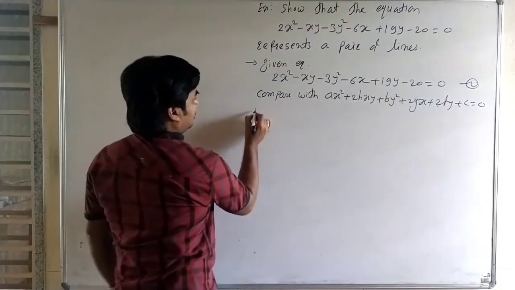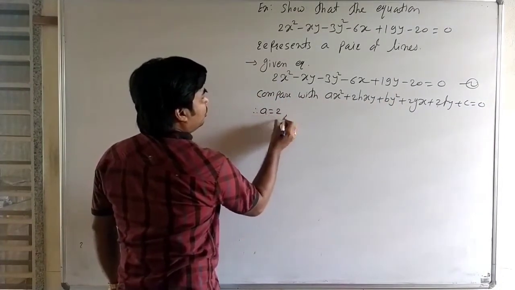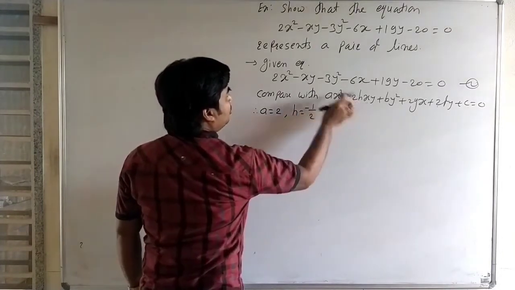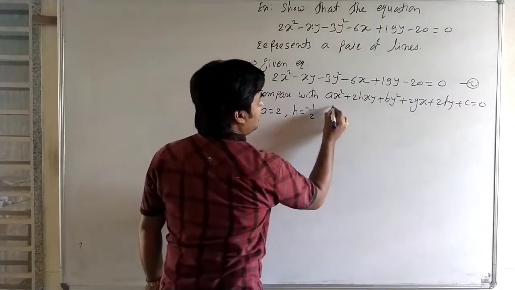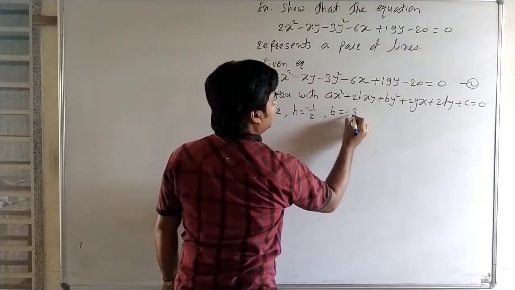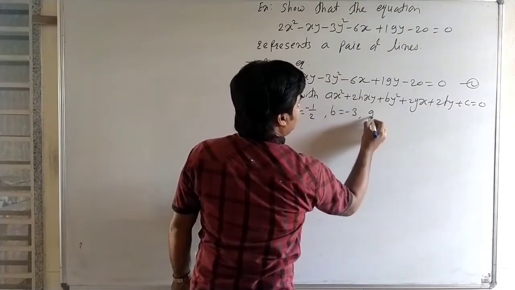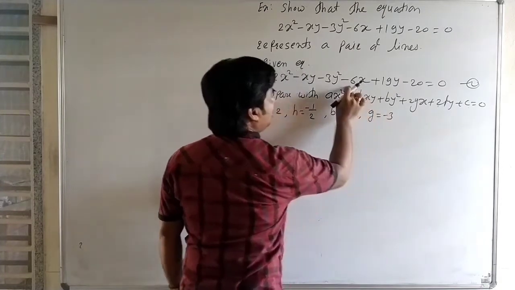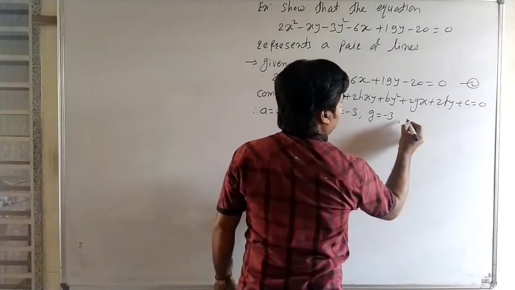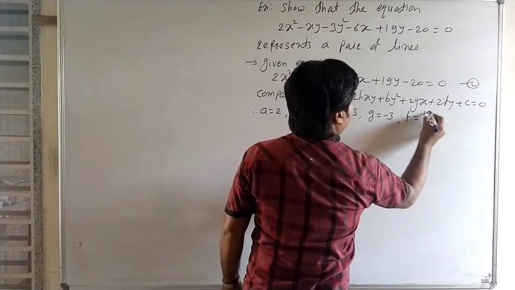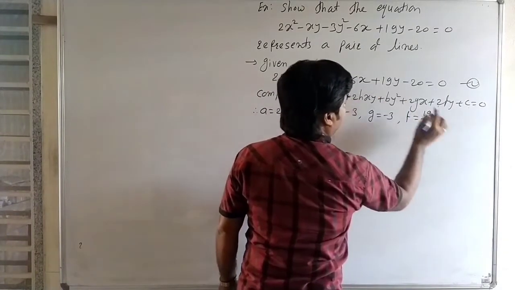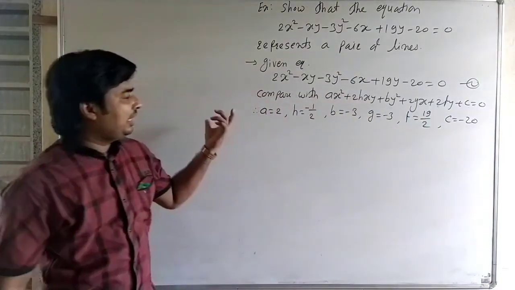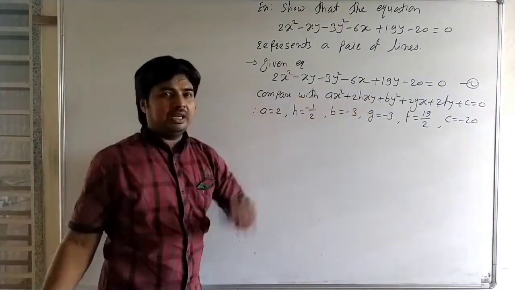Therefore a is equal to 2, h is equal to minus 1 by 2 because 2h is equal to minus 1, b is equal to minus 3, g is equal to minus 3 because 2g is equal to minus 6, f is equal to 19 by 2 because 2f is equal to 19, and c is equal to minus 20. These are the values of a, h, b, g, f and c.